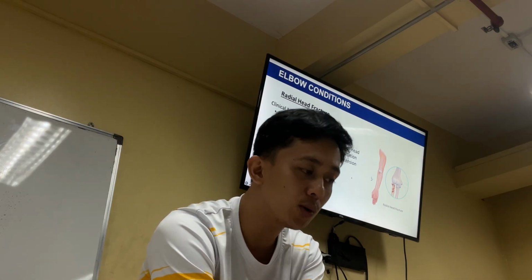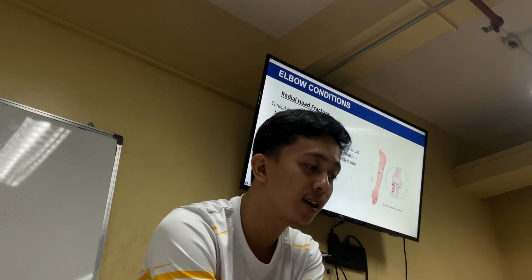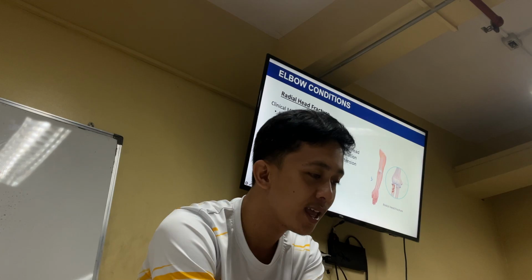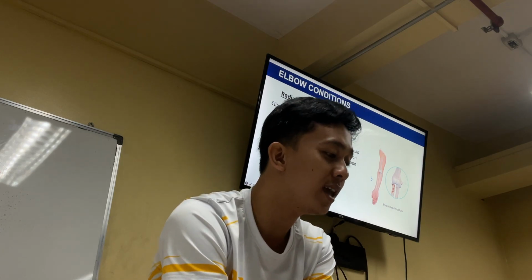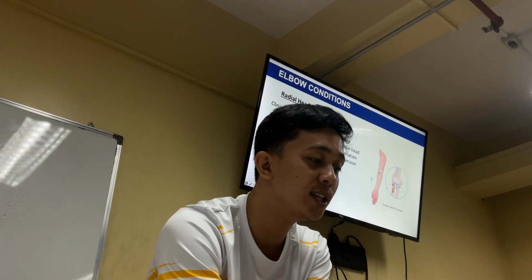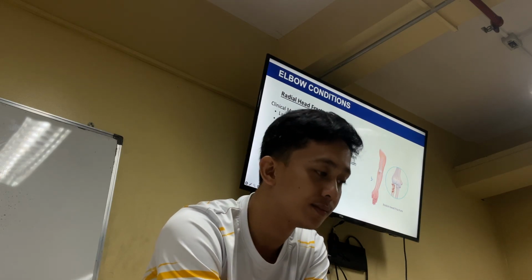Complications, most common is elbow stiffness, again chronic pain, and elbow instability. In some cases, might be HO, or heterotopic ossification, especially since this is a bone involvement.